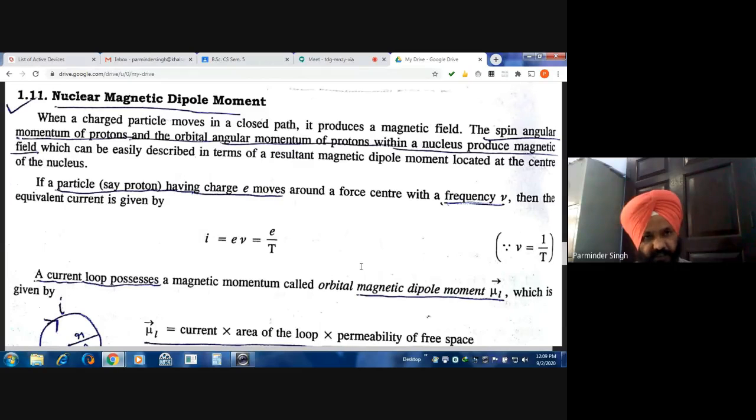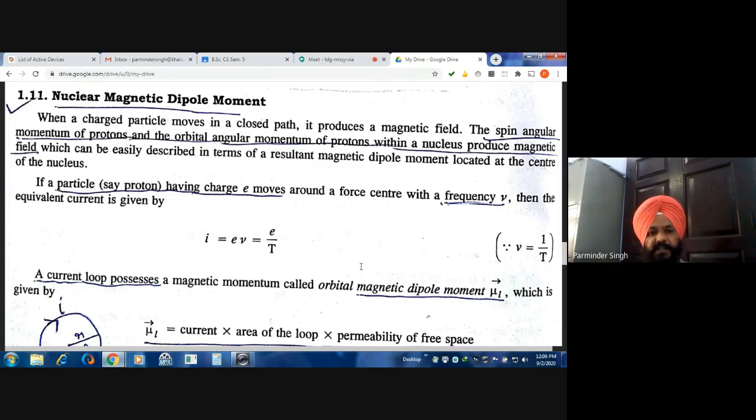So the spin angular momentum and orbital angular momentum of the protons within a nucleus always produce a magnetic field. Maybe we can consider a proton or a neutron for this. The spin of these particles always produces a magnetic field, which can be easily described in terms of the resultant magnetic dipole moment located at the center of the nucleus.